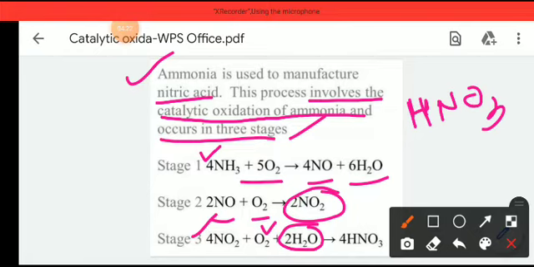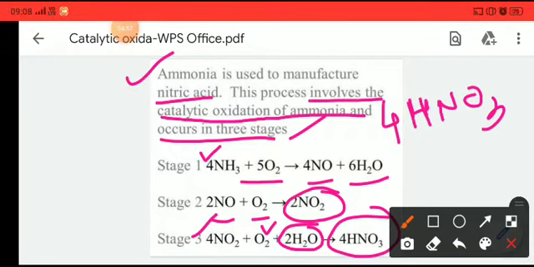But in the third stage, this nitrogen dioxide reacts not only with oxygen, it also reacts with water, giving nitric acid, HNO3. That is 4NO2 plus O2 plus 2H2O, that gives 4HNO3.